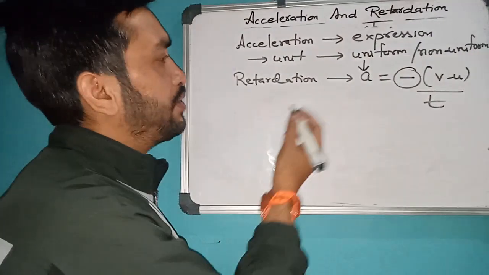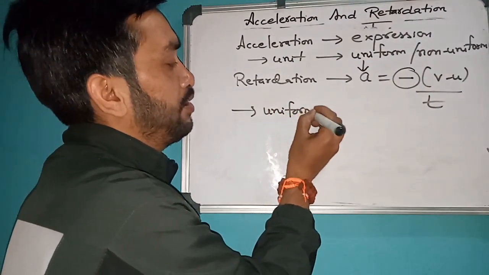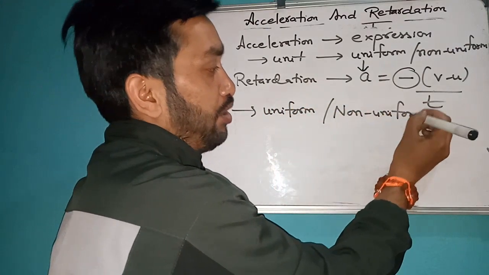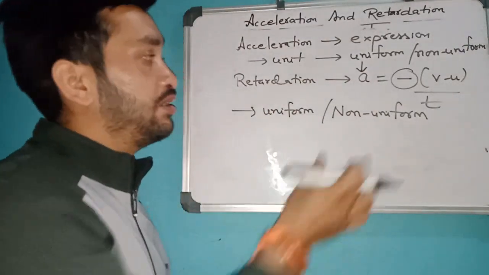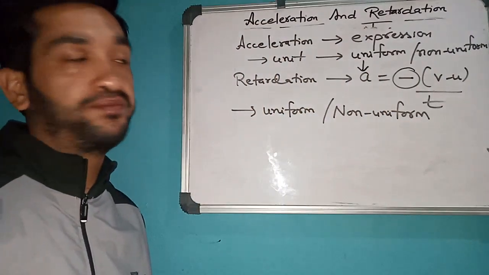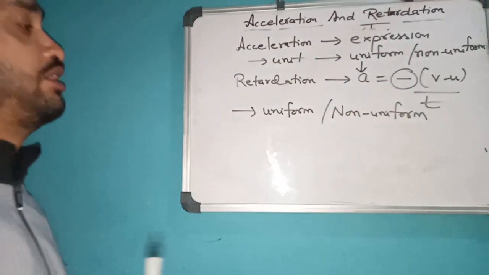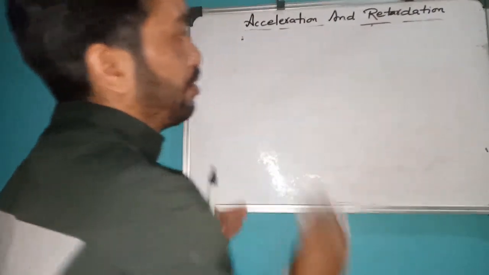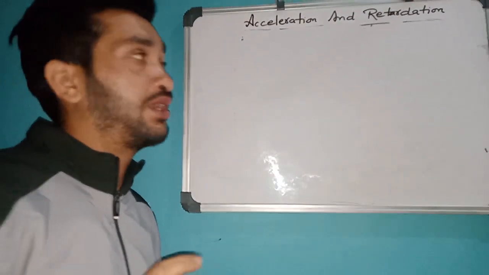Next we studied uniform acceleration and then non-uniform acceleration. Again I'm telling you, keep in your mind, non-uniform is also written as variable. So variable retardation or variable acceleration. In this way you have to give answers if these questions are asked in your examination. I hope these things are clear to you.